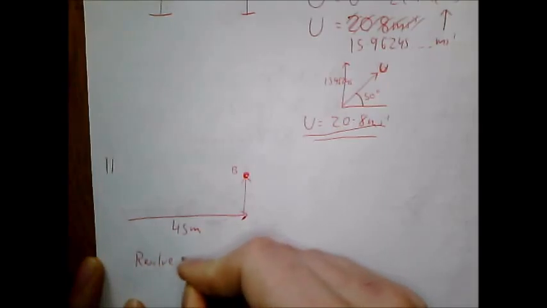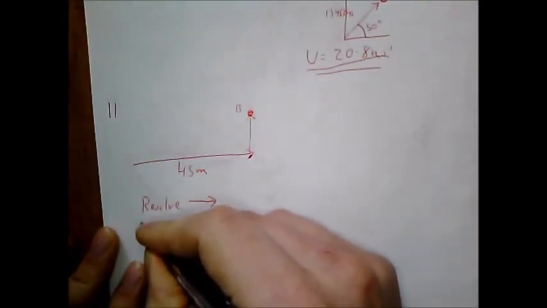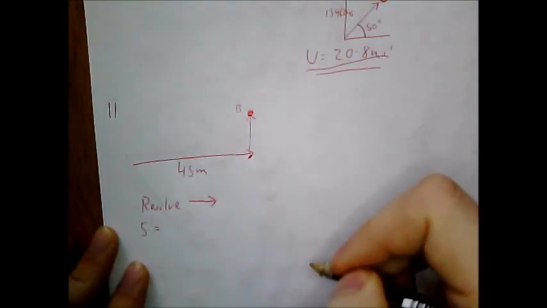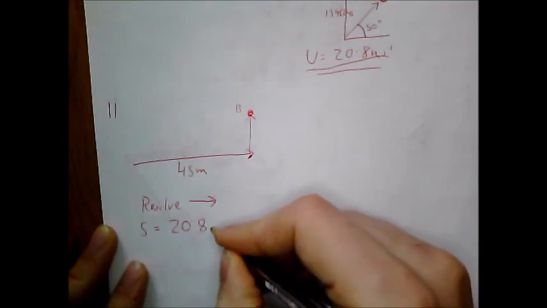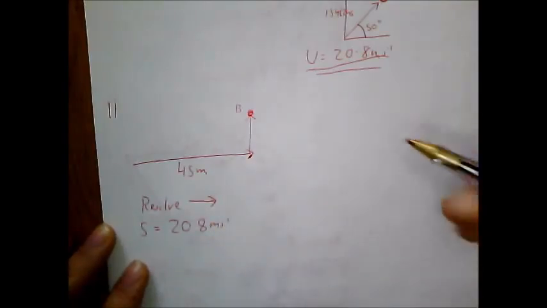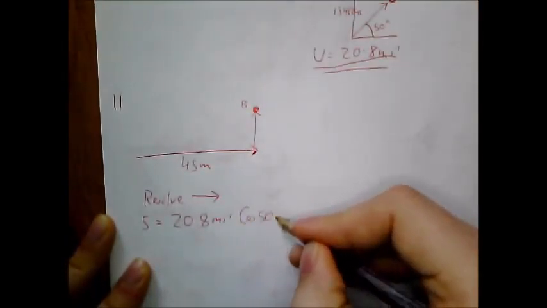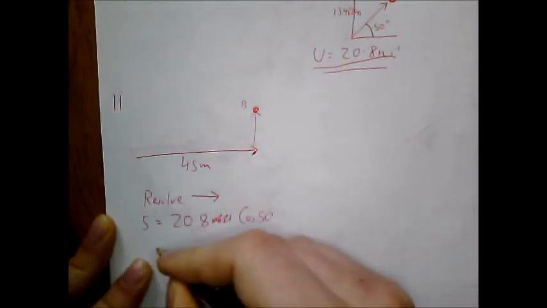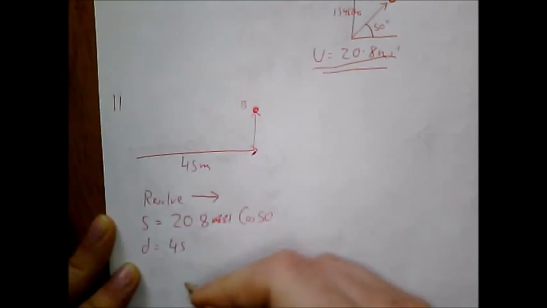So let's resolve horizontally. We know that the speed is going to be 20.8 meters per second, cosine 50, and the distance is 45 meters.